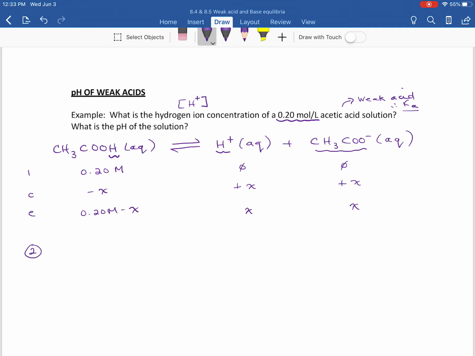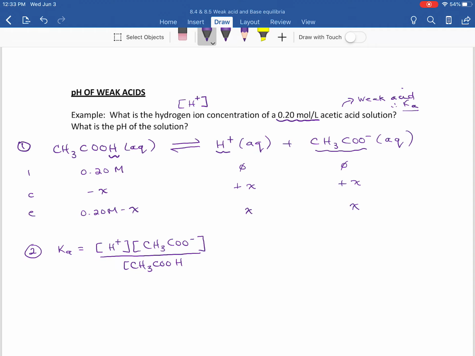Step 2, now we've got to sub into our Ka. So Ka should equal my equilibrium concentrations of H+, CH3COO minus, all over my concentration of the acid.